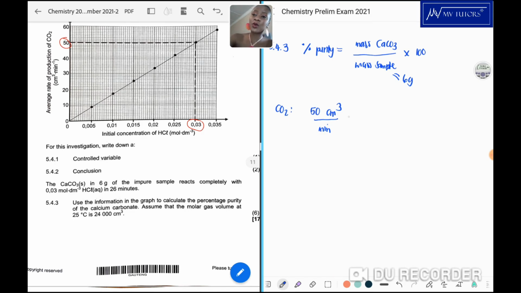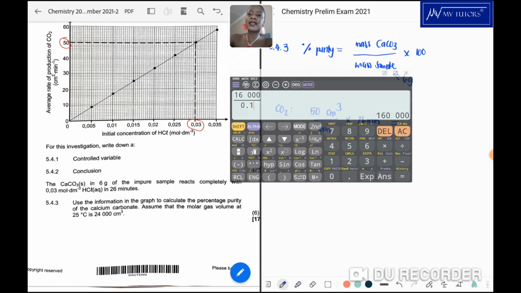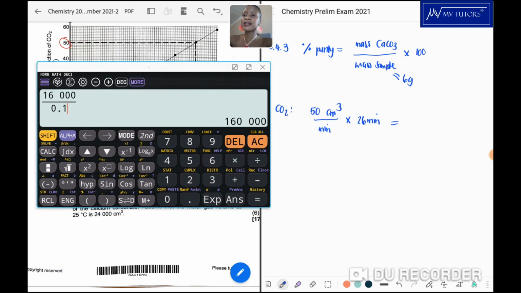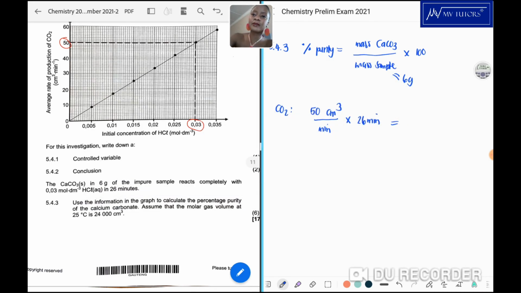Okay, so I want to remove the minutes, so now I can get the actual volume of carbon dioxide. If we do that, we have 50 times 26 minutes, and that's 1,300 cubic centimeters.